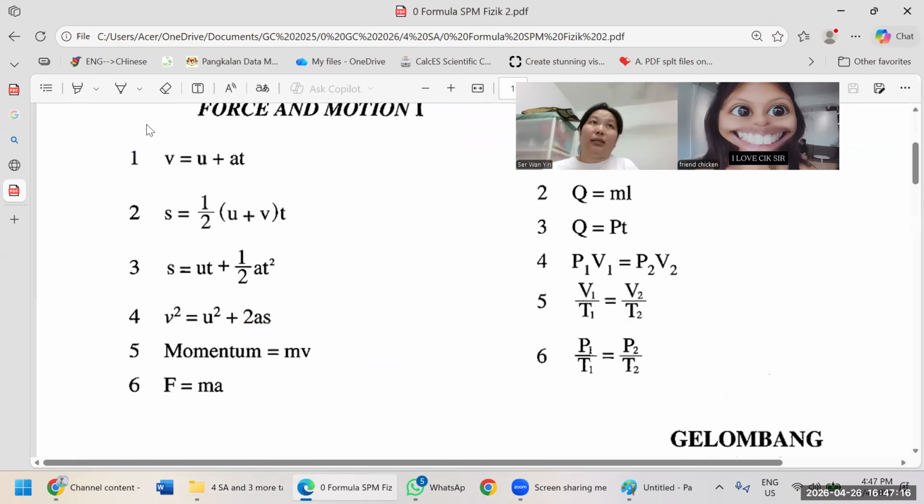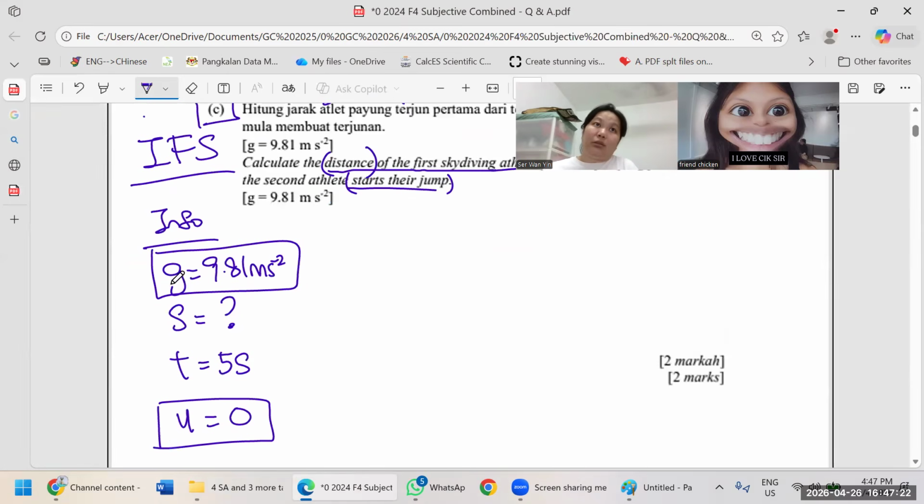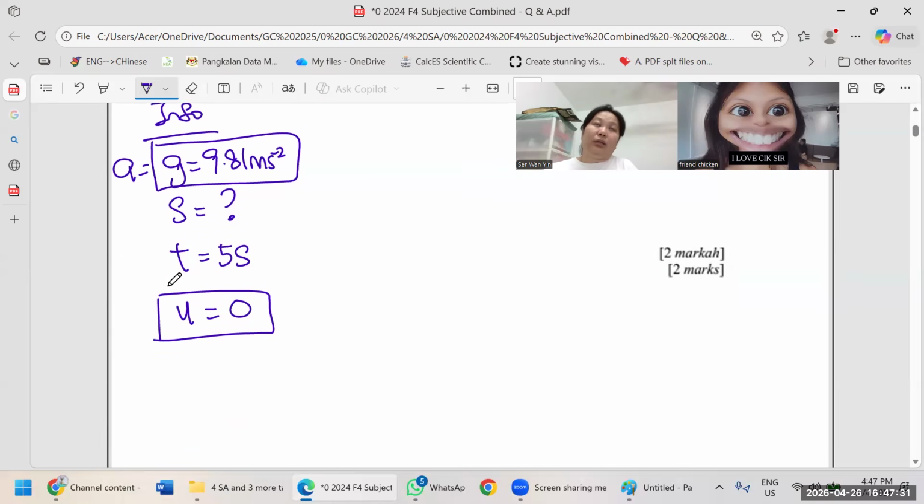Now here, given, don't worry. Let's check here, which one is the best? We need to translate back here. g is actually acceleration. So let's check, we have a, s, t.